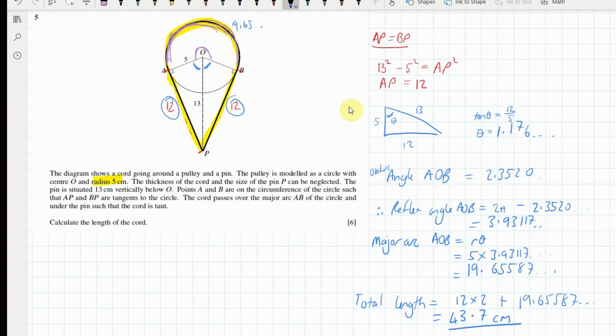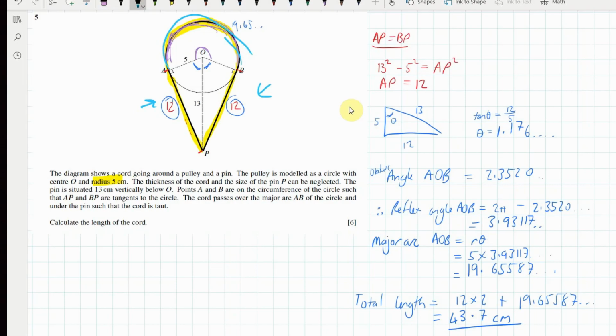Okay, some people, I think, managed to get the lengths of 12 that we have over here. They got that and that, but they struggled to figure out how they could get the arc AB. They went into all sorts of crazy ideas about that.